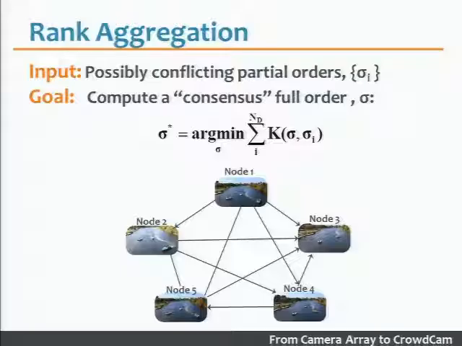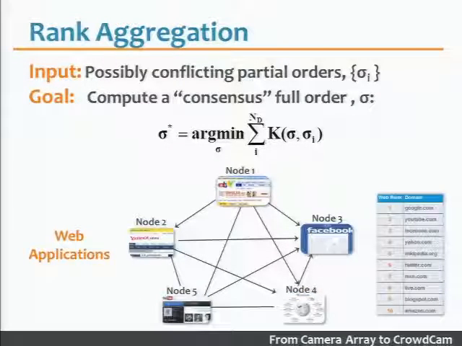This problem is known as rank aggregation. It was used mostly in web applications when they try to rank web pages. In general, you can see here the objective function. This is the Kendall distance.